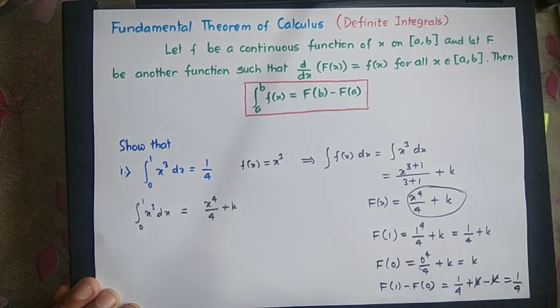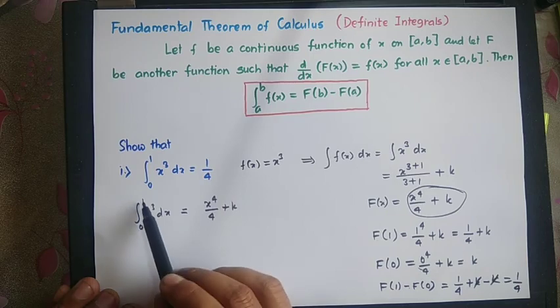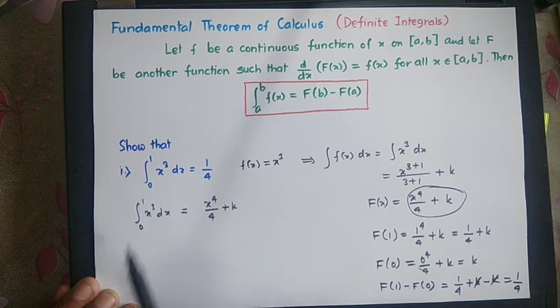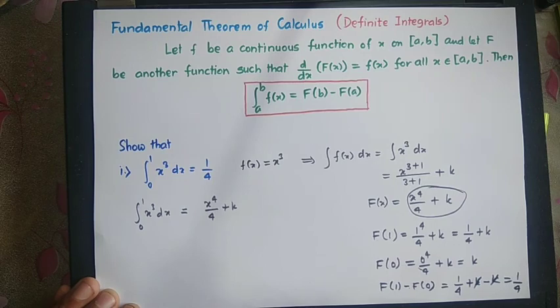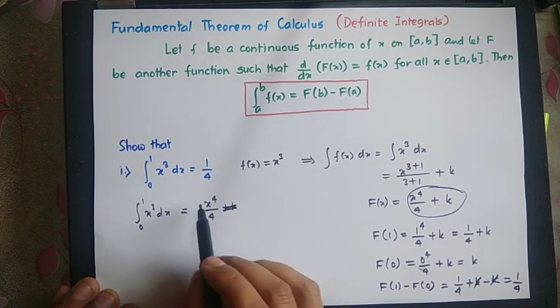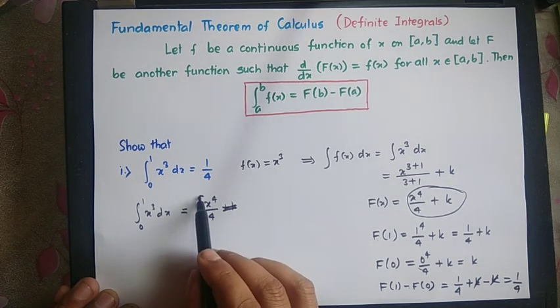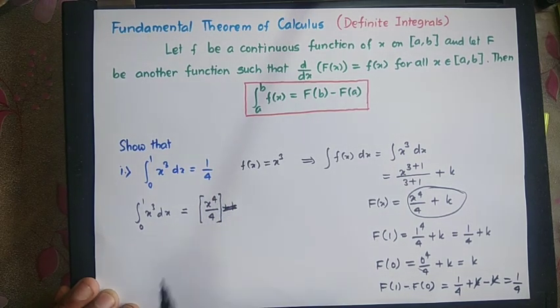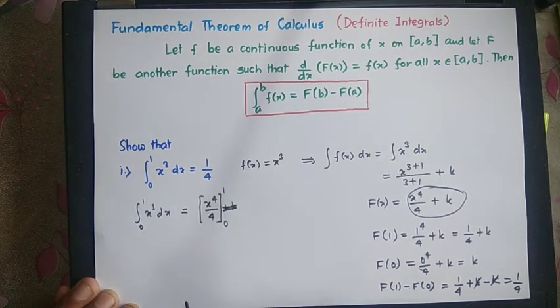What I can see here is, if the upper limit and lower limit are given, then our answer is free of plus k or plus c, the constant of integration. So it's not necessary to write plus k every time. We first integrate, and after integration, outside whatever we get we put a bracket, with the lower limit at the bottom and the upper limit on top.